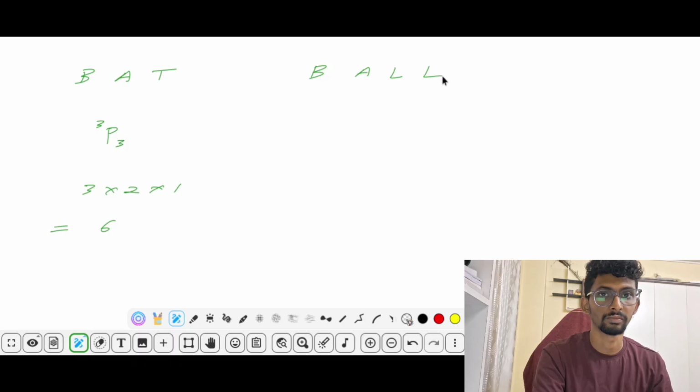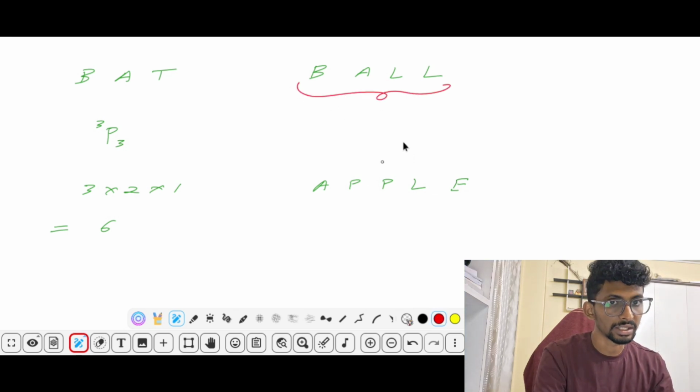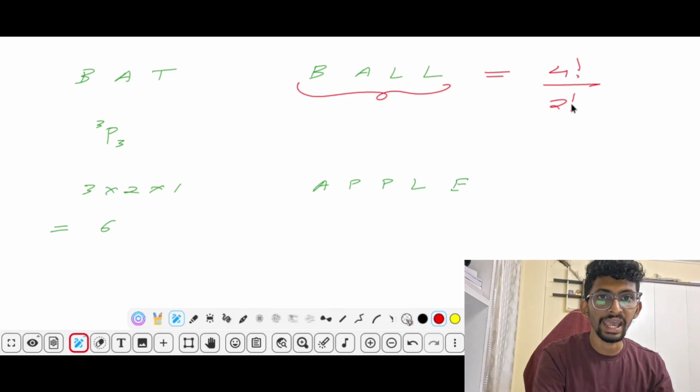are repeating. For example, in this L is repeating. Then APPLE, where you can see P is repeating. Now, the number of possible words that can be formed using these 4 letters is 4 factorial, because there are 4 letters, divided by 2 factorial because L is repeating 2 times.